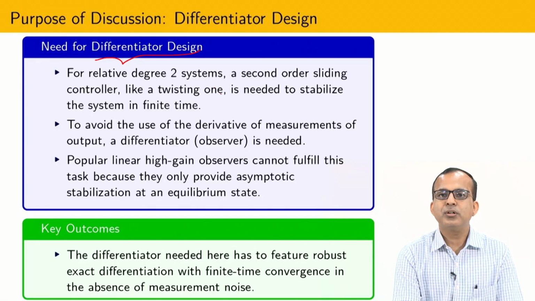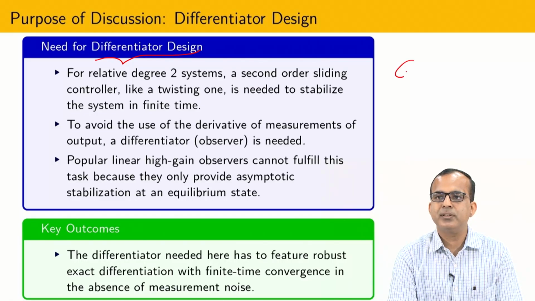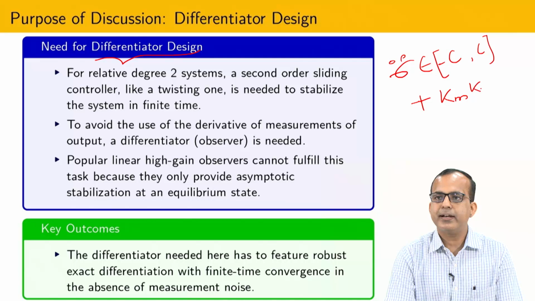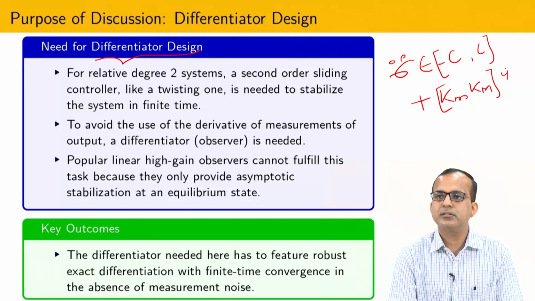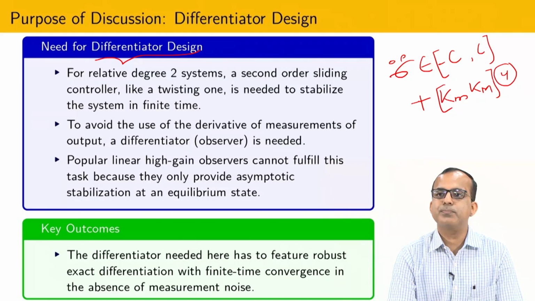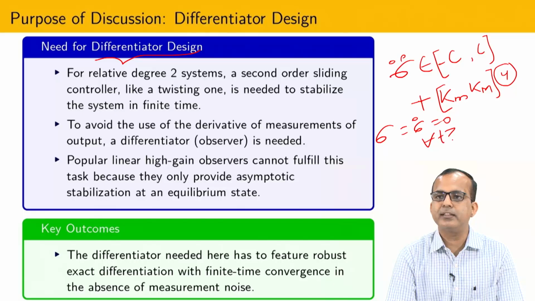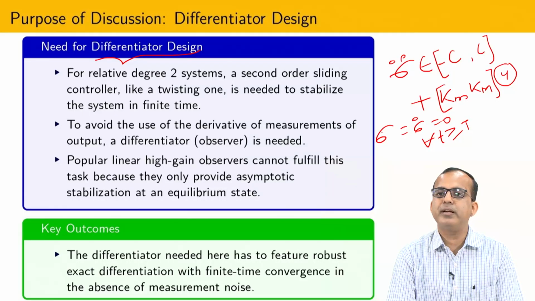We have already seen that if I have a system represented in the output regularization way, with minus C and K_m, capital M into U, I have to design some kind of discontinuous control based on the principle of homogeneity such that I can maintain sigma and sigma dot equal to 0 in some finite time t greater than or equal to t, and after that maintain it.